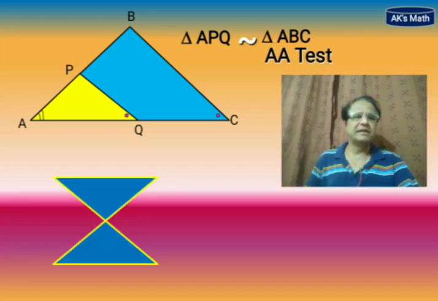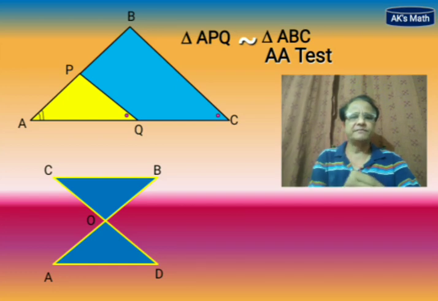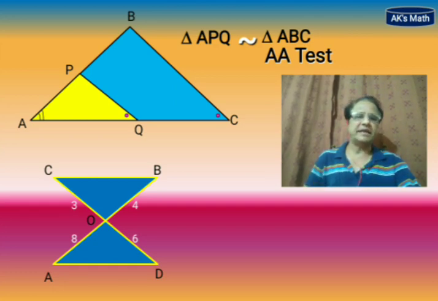Suppose AB and CD are intersecting at point O, and the numbers are given. OA is 8, OD is 6, OB is 4, OC is 3. If you take the pairs properly, you can identify 3 to 6 and 4 to 8.